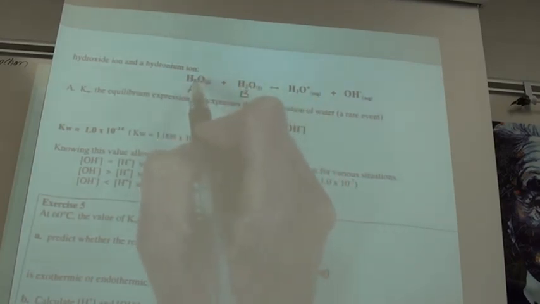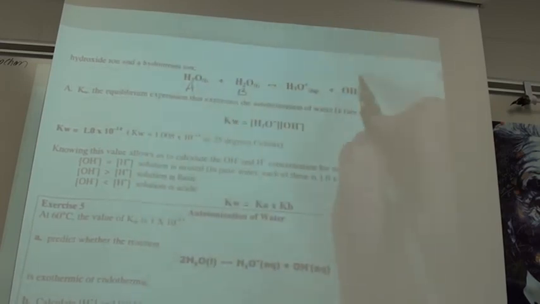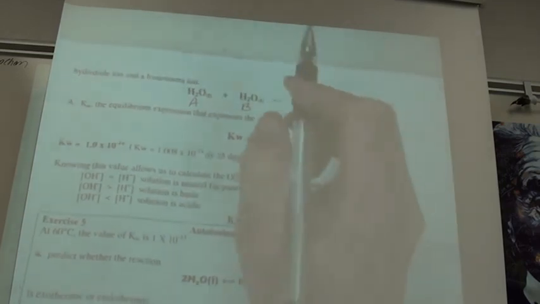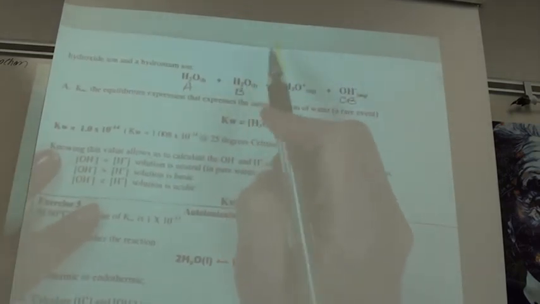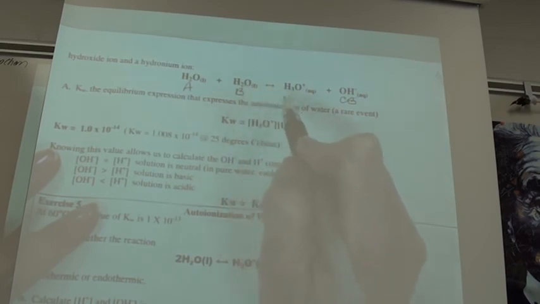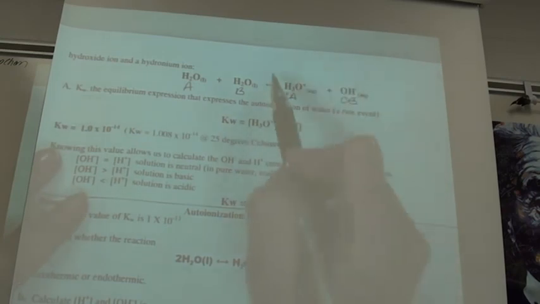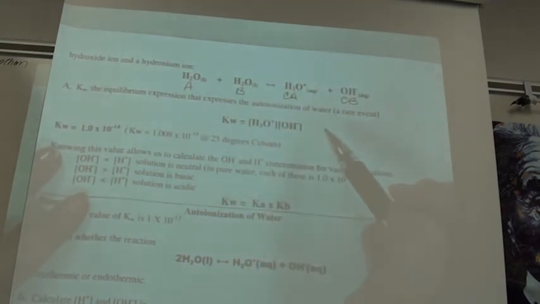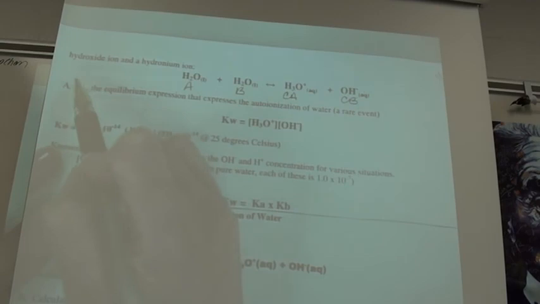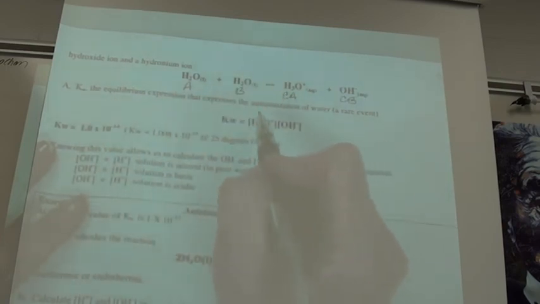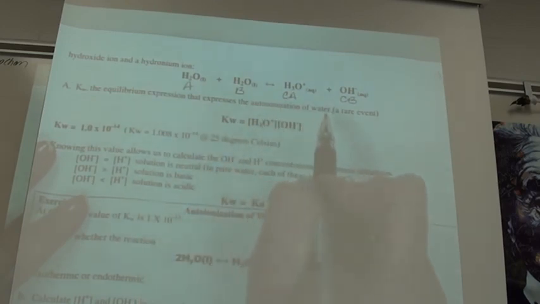The acid is donating its proton to become a conjugate base, and another molecule will be accepting that proton to become a conjugate acid. Got it? This is an equilibrium expression which gives rise to another equilibrium constant, Kw, otherwise known as the auto-ionization of water.